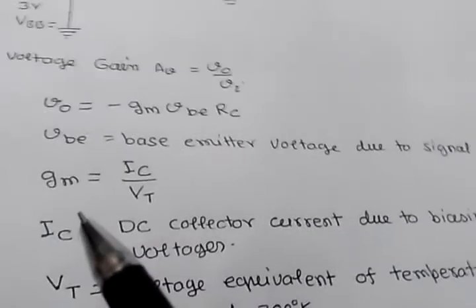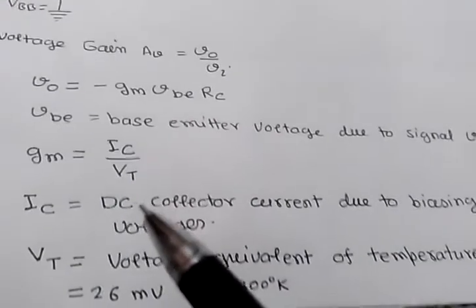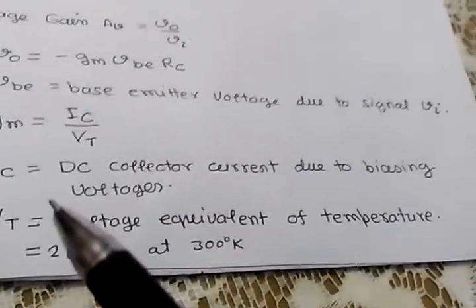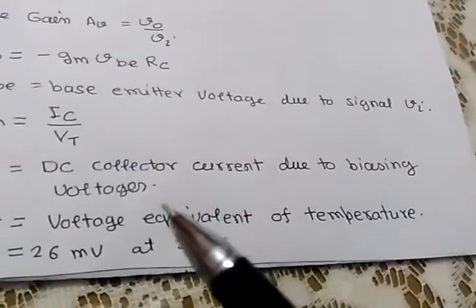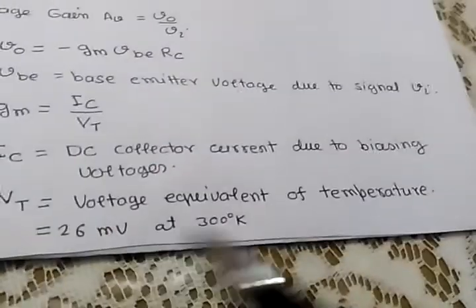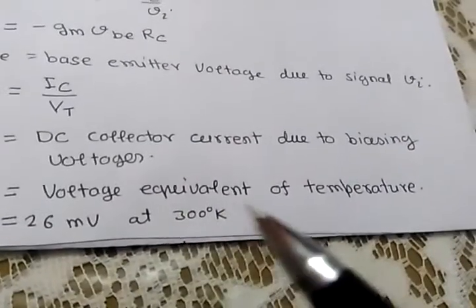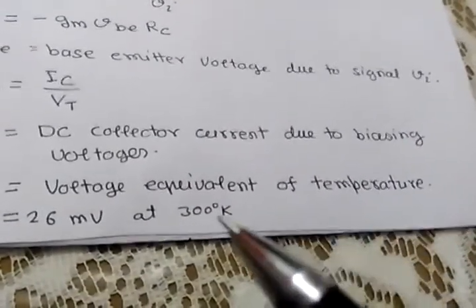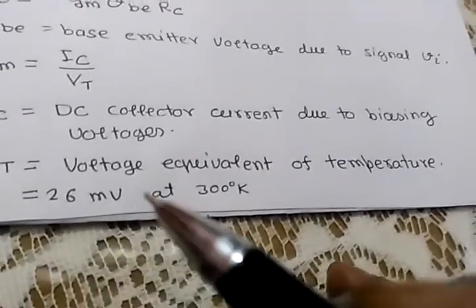GM is the transconductance, which is equal to IC upon VT, where IC is the DC collector current due to the biasing voltage, and VT is the voltage equivalent of temperature. At room temperature, 27 degrees Celsius, it is 26 millivolt.